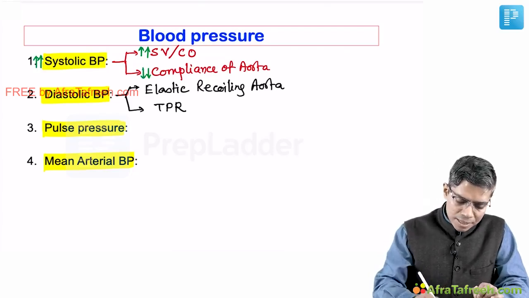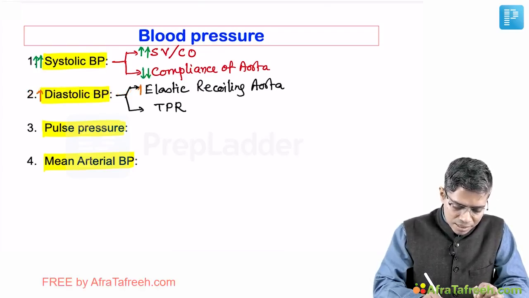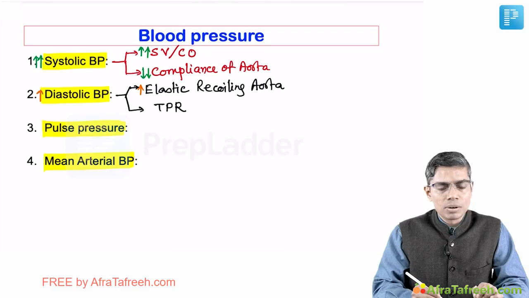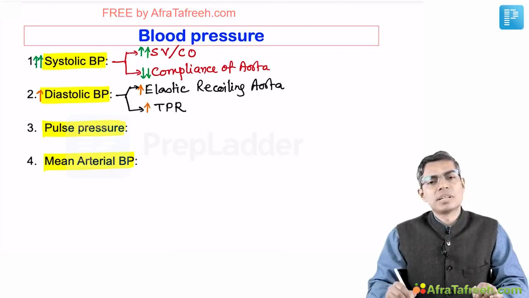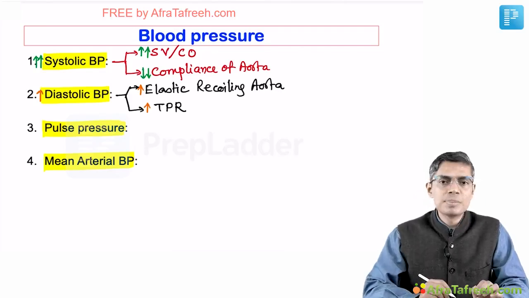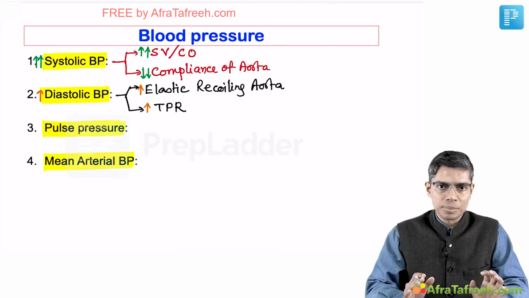So how are these related? If the diastolic blood pressure is high, that means either the elastic recoiling of the aorta or major elastic vessels is high, or the TPR or the total peripheral resistance is high, means both TPR and elastic recoiling are directly proportionate to the diastolic blood pressure.